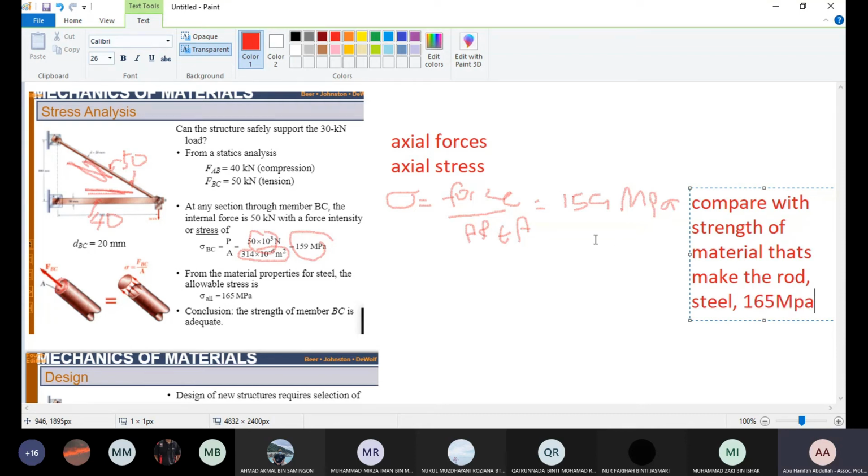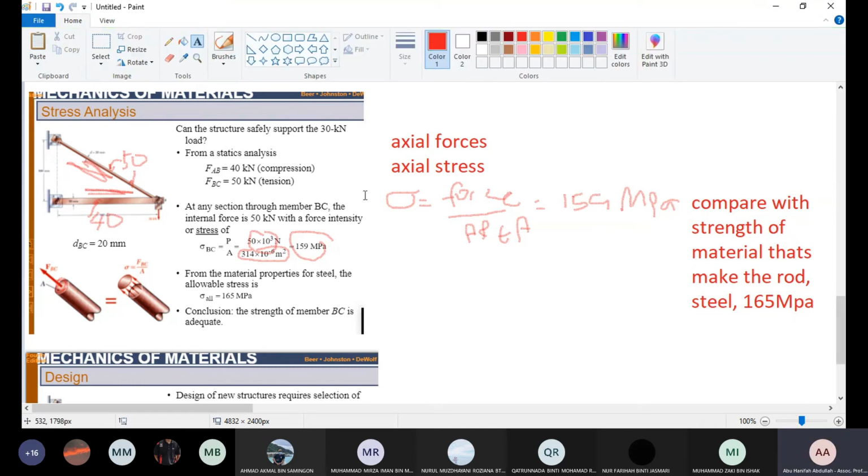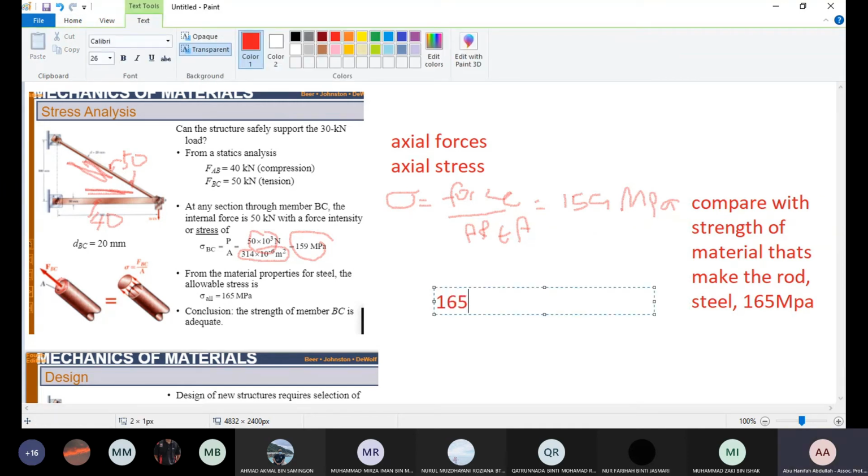Now we compare. So now what you get is 165 megapascal, which is what the material is made of, and what you put the force of 30 kilonewton give you the stress of 159 megapascal. So the material is stronger than the stress due to the 30 kilonewton, then this rod will not fail. Question?